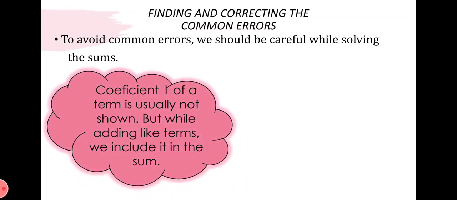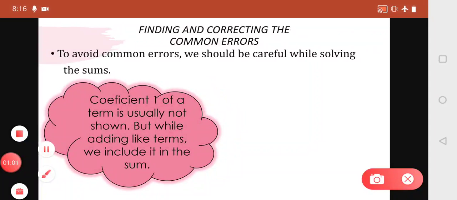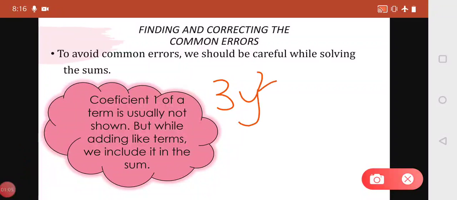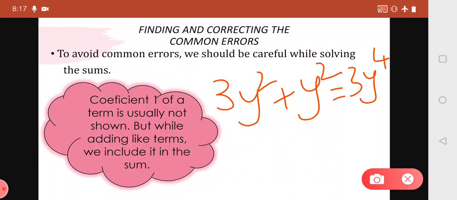First, coefficient 1 of a term is usually not shown, but while adding like terms, we include it in the sum. For example, suppose we are writing 3y square plus y square. Now here you can see that generally we write it as 3y raised to 4, something else.